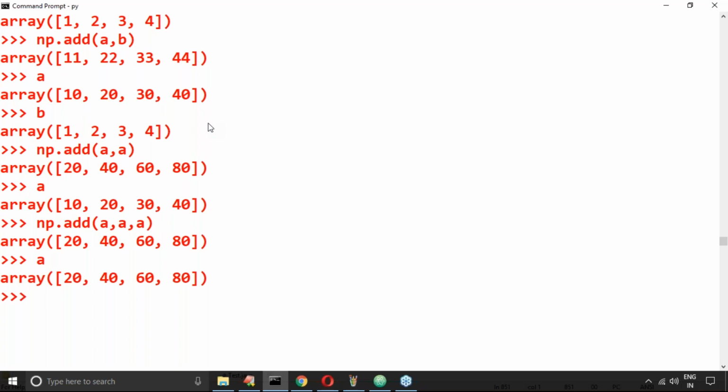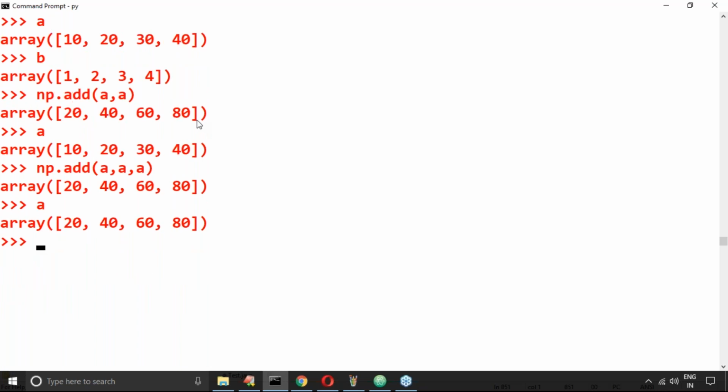A value also internally is changing. Internally, A value is also changing. A plus A is stored. And then what about A?